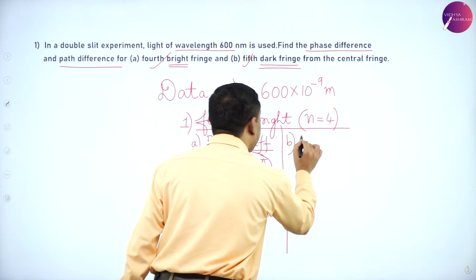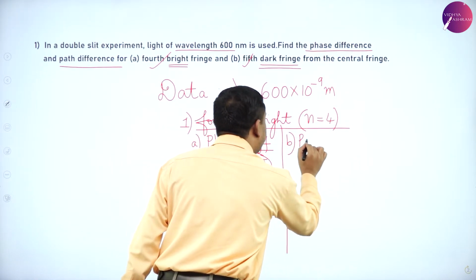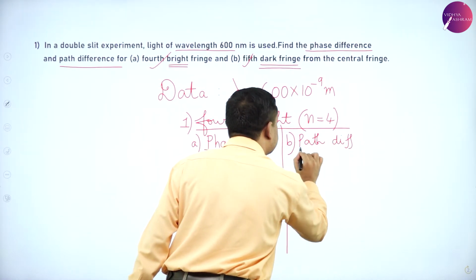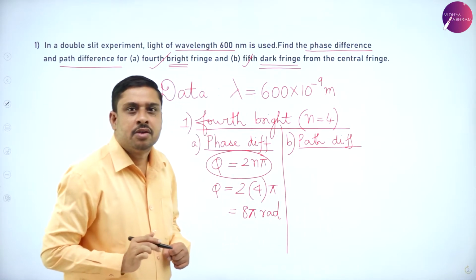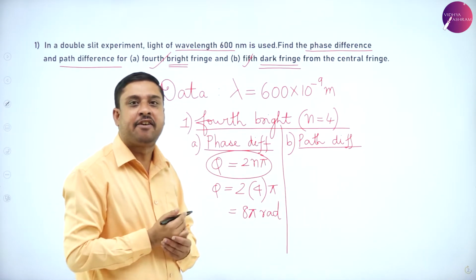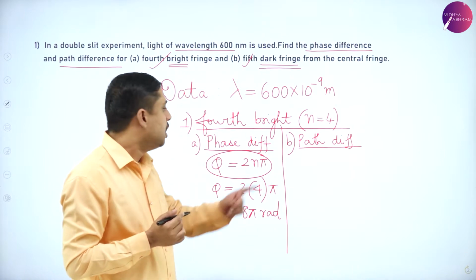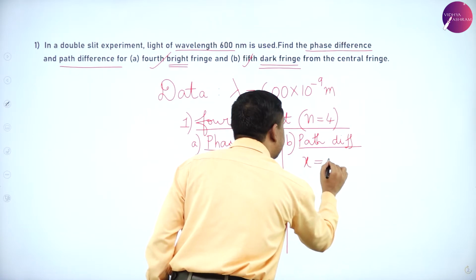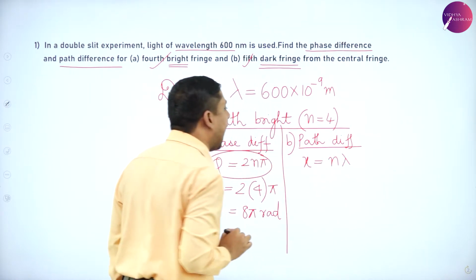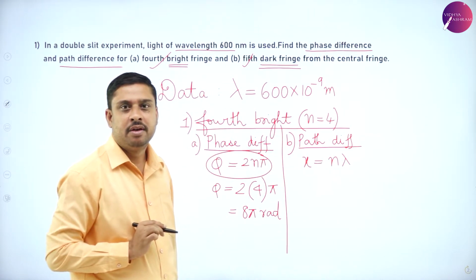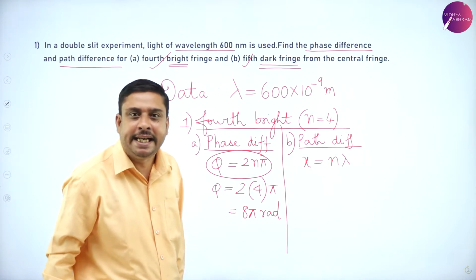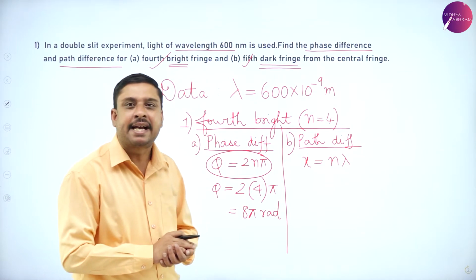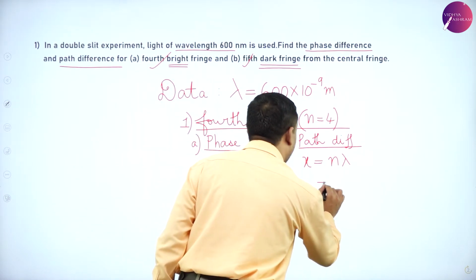Now, I will consider path difference. So, here, path difference x is n lambda. If you recall, condition for constructive interference, x is n lambda.